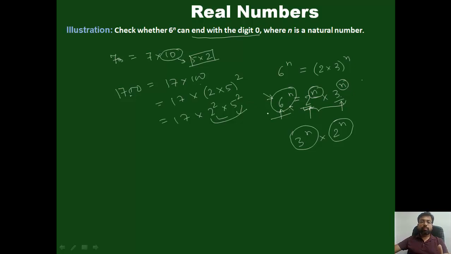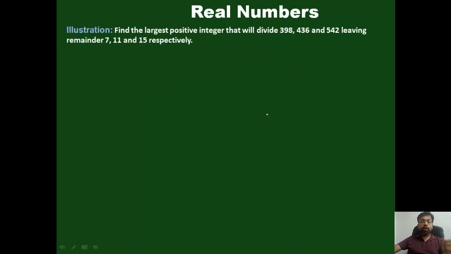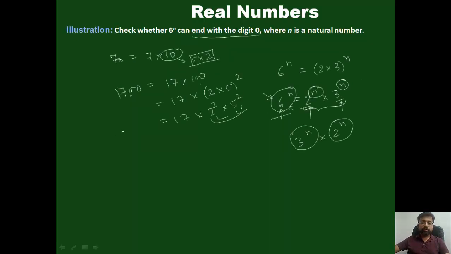How do you write it? If you want to write it, we will say that 6 to the power n can be written as 2 into 3 to the power n, or 2 to the power n into 3 to the power n. Using the fundamental theorem of arithmetic, we know that the composite number 6 to the power n can be written as the product of positive integral powers of its prime factors, and this factorization is unique.